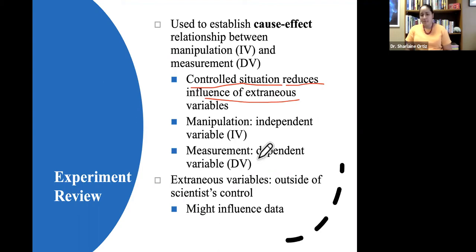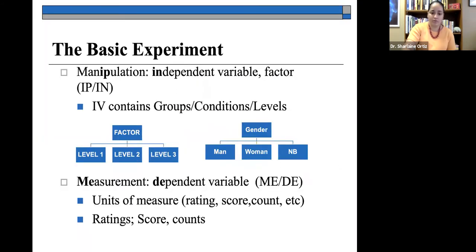Now, remember, as I stated earlier, the independent variable relies on its manipulation. And in regards to the dependent variable, we are looking into the measurement. Now let's look at what this basic manipulation would look like in perhaps a study.